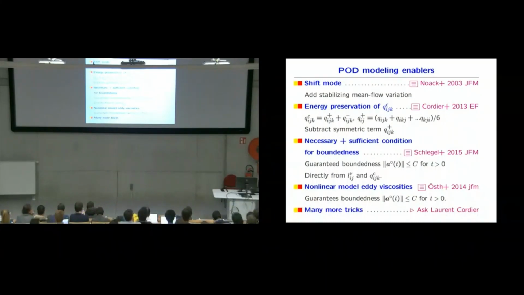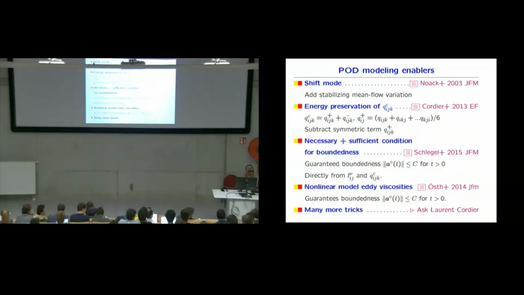This would be another way. Another possibility is you take away the fluctuation and you look at what remains. Now your shift mode is the first POD mode of the low frequency remainder. You can also take the one frequency average. So it's left to your engineering ingenuity. There are many possible choices, but most of them lead to Rome.